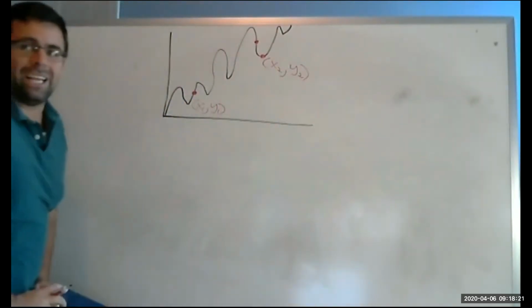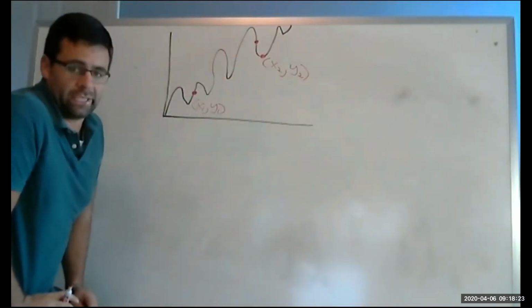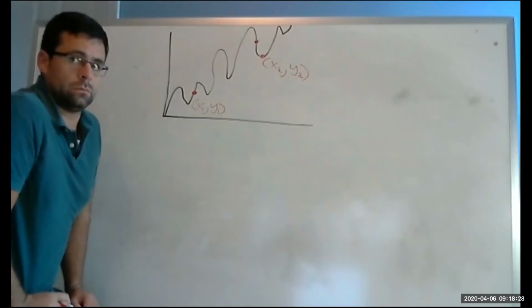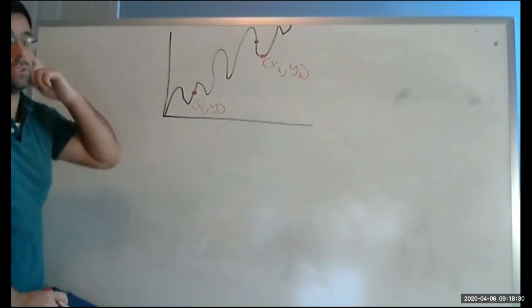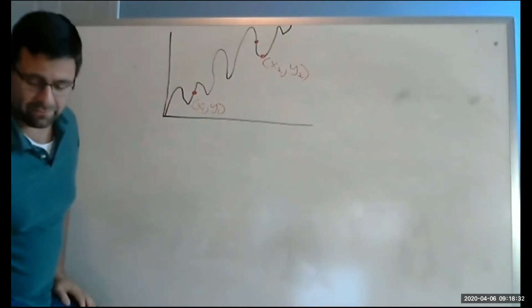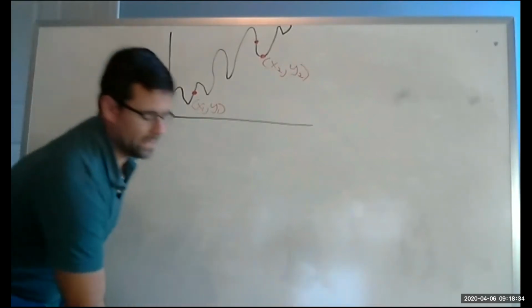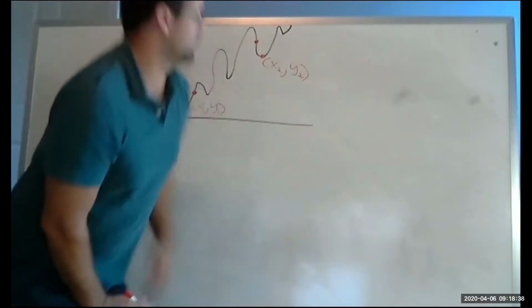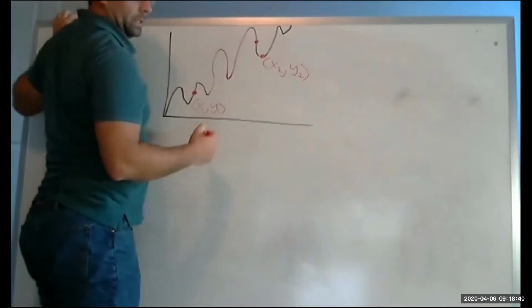So what you can find is the average rate of change of the function between these 2 locations. And when you talk about the average rate of change of something, it's just the slope of those 2 points.